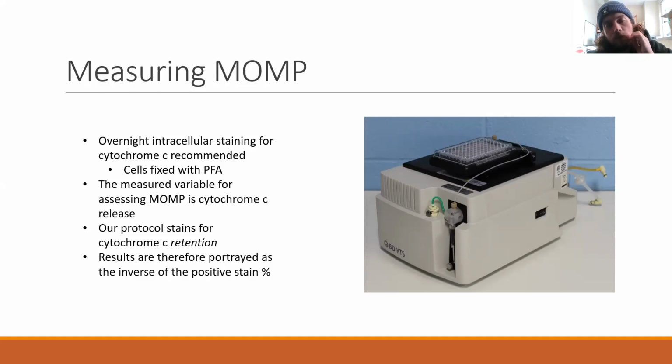And then the next day you come in. If you have an HTS like pictured here, you can put your plate on the HTS and have the cytometer read out your response of cytochrome C. If it's something like a cell line, you basically just need to gate on your live cells and then look at your cytochrome C response.